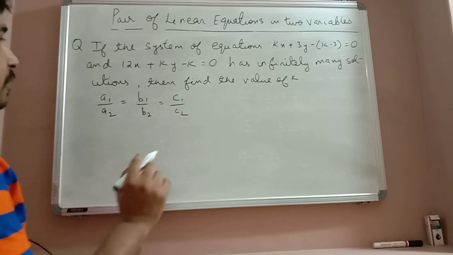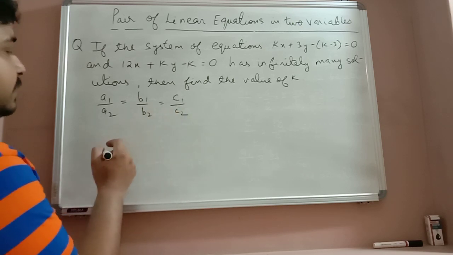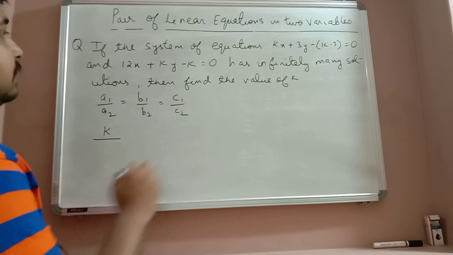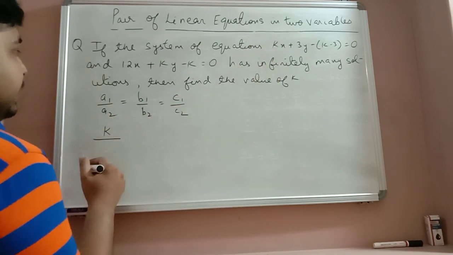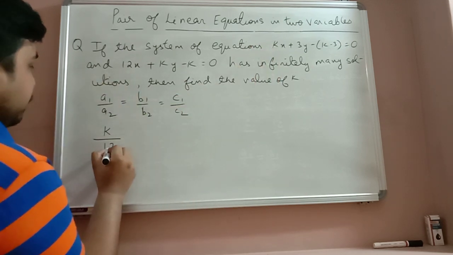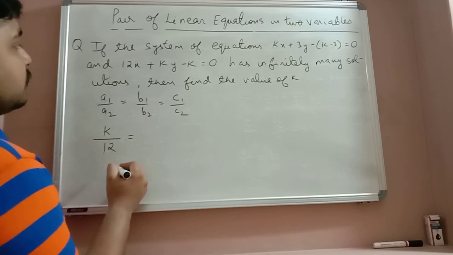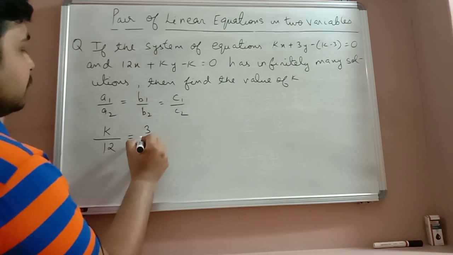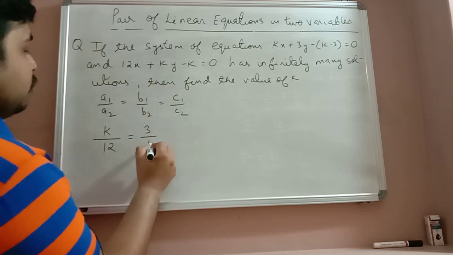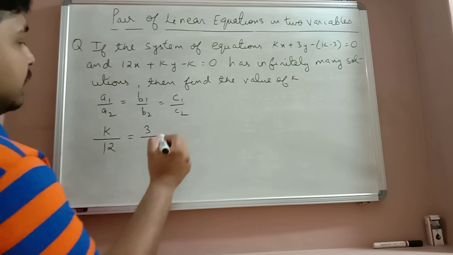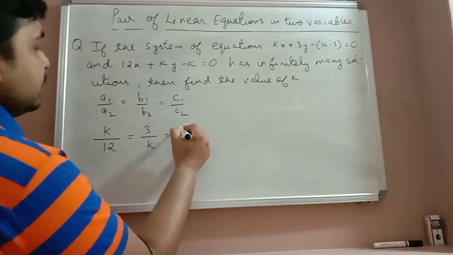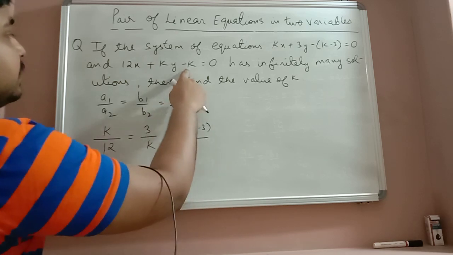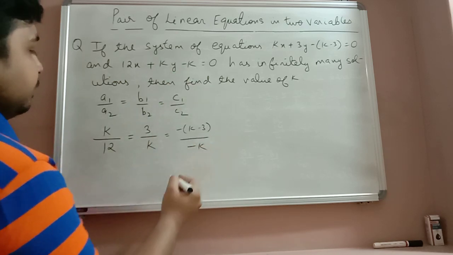So we will just put the values of a1, a2, b1, b2 and c1, c2. a1 is k, coefficient of x in the first equation. a2 is 12, so k over 12 equals b1 which is 3, the coefficient of y in the first equation, and b2 is k, coefficient of y in the second equation, and the constant term in the first equation is minus of k minus 3, and the constant term in the second equation is minus of k.